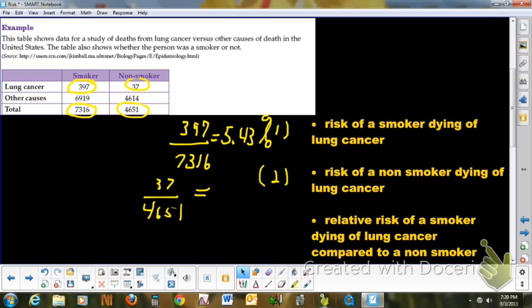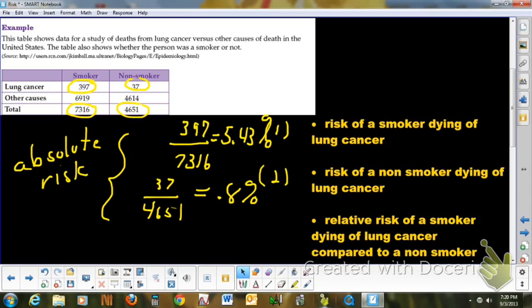And this is quite small. It's just 0.8% if we turn it into a percentage. So these two things here we can actually calculate. In terms of risk, these are referred to as absolute risk. The absolute risk for these groups with regards to lung cancer. Okay? So that's how we calculate that.